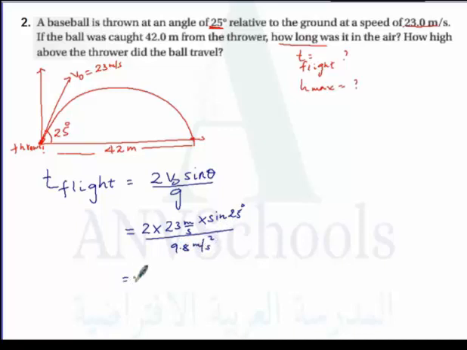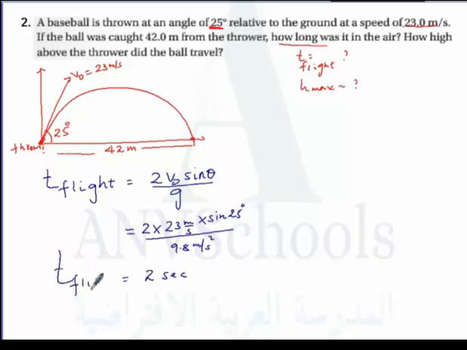You can use a calculator: sine 25 multiplied by 23, multiplied by 2, and divide the answer by 9.8, which is equal to 1.98. So approximately 2 seconds. That is the total time of flight.